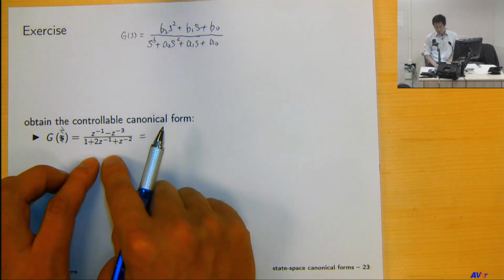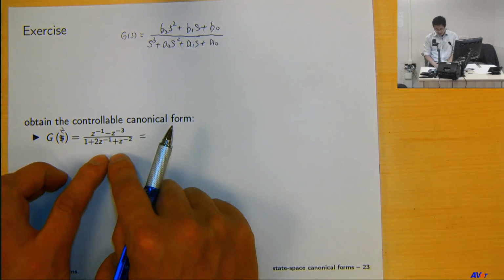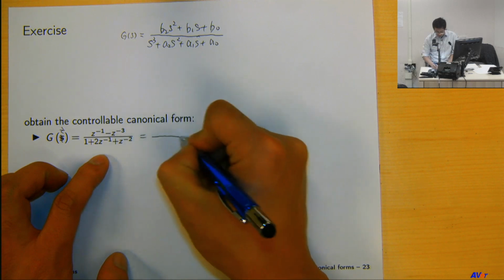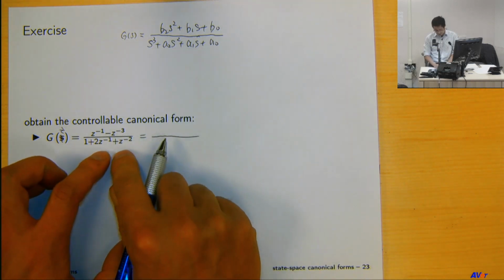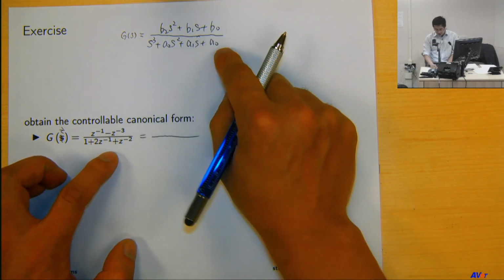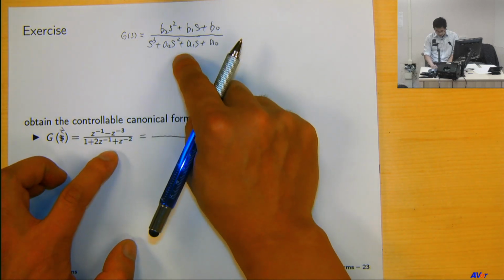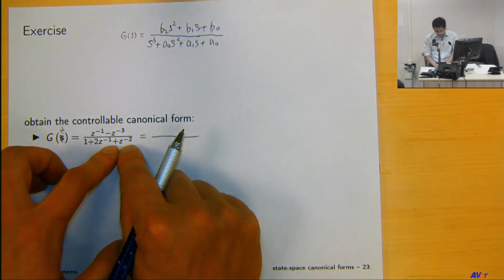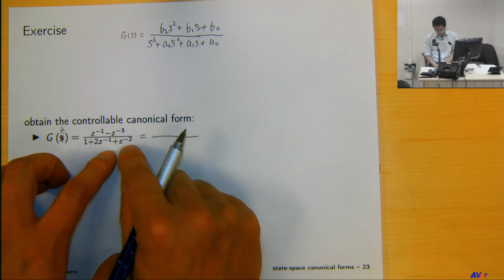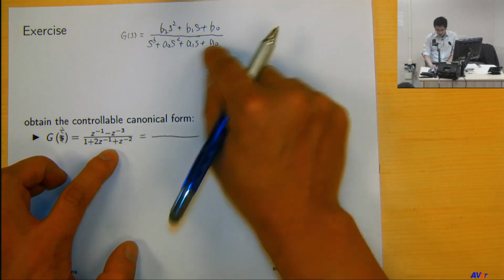So for this one, the first step that I would do is to translate this transfer function into a structure that looks like this. I see this is using z to the power of -1, -2, -3. So I will translate to this format.